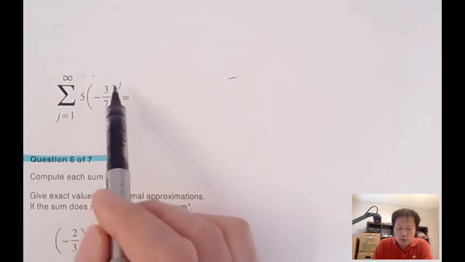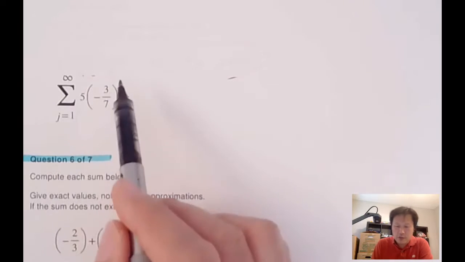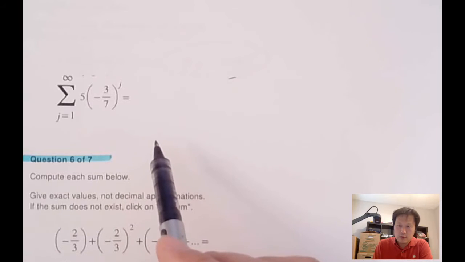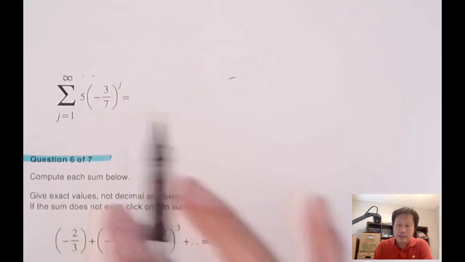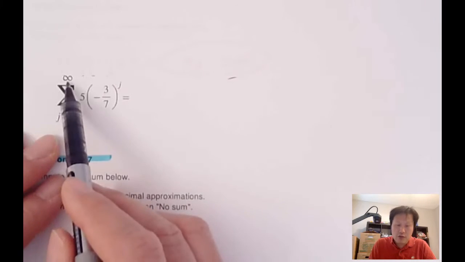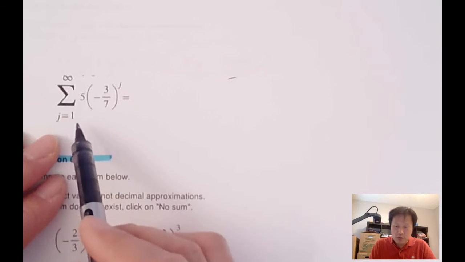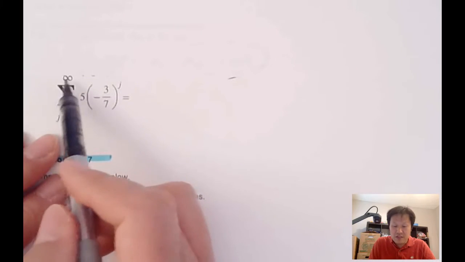Plug in j equal to 2, get the value. j equal to 3, get the value. And at the end, you're just adding them all. But when do we stop plugging in values of j? You never stop. 1, 2, 3, 4, keep plugging it in, all until what? Infinity means you keep plugging it in forever.